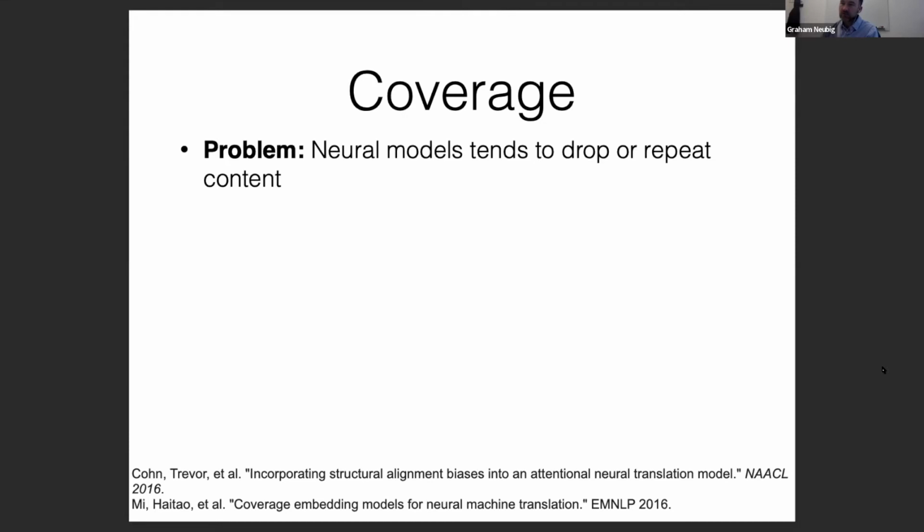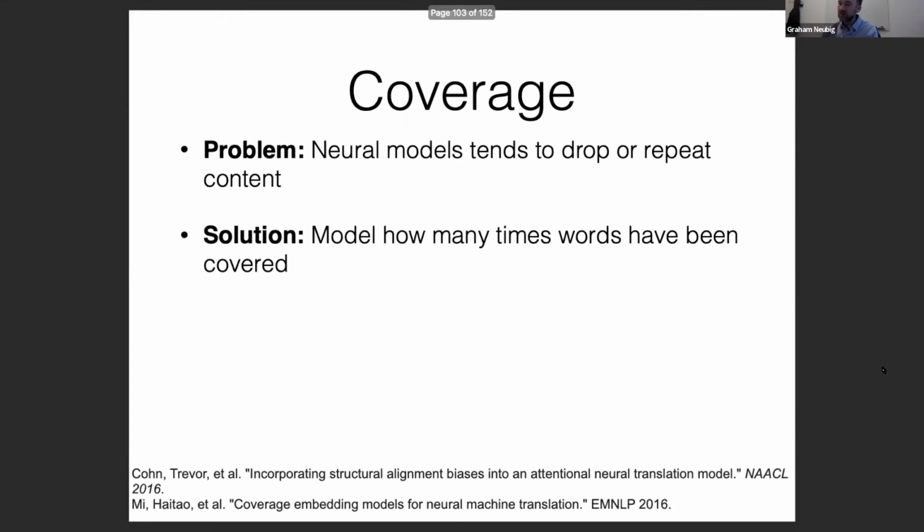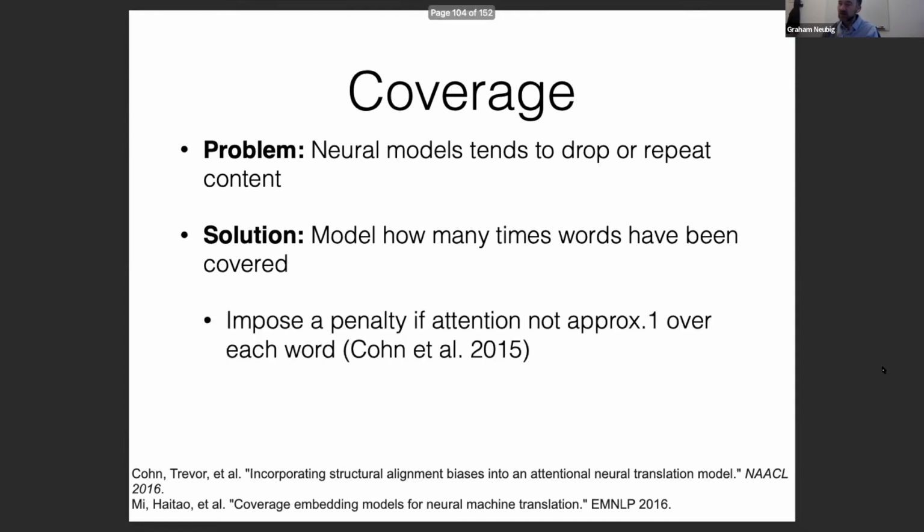In particular for tasks like machine translation, we can make the implicit assumption that all content in the source should be translated into the target. We can additionally add biases that model how many times words in the input have been covered. And if they have not been covered approximately one time, we can give some sort of penalty.